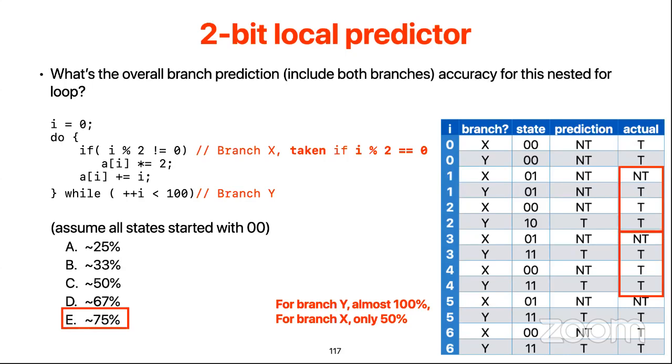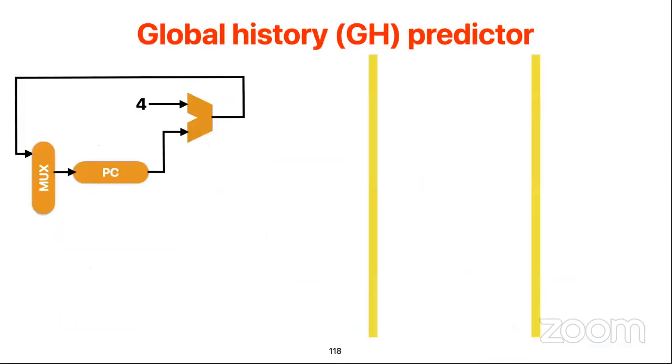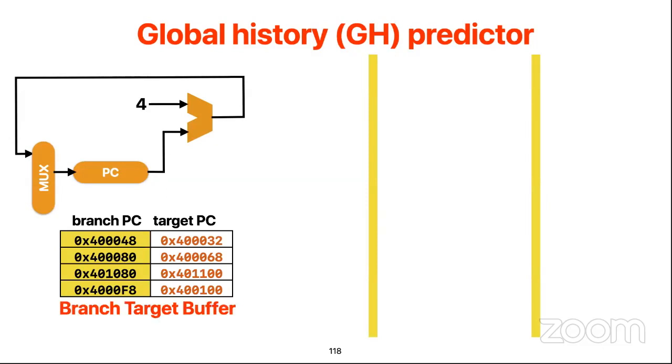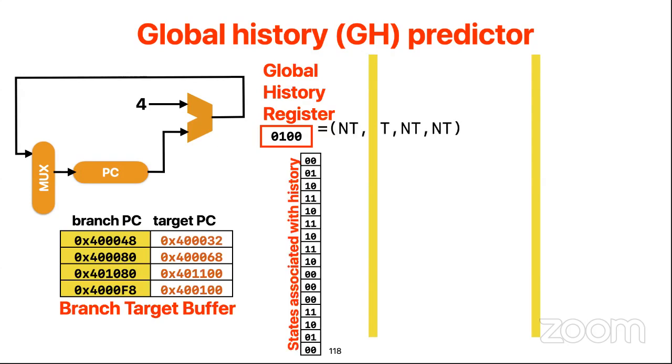So we have the global predictor, which utilizes the pattern of all branches. With this, the states are decoupled from your branch target buffer, and the states are trained by the global history register. When I currently have a branch instruction, I use the target PC as the predicted PC.